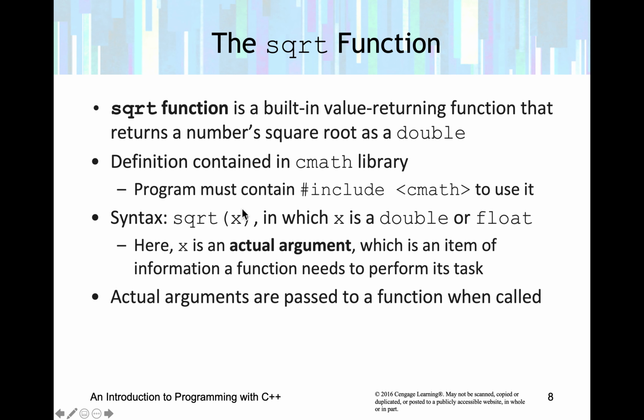All you have to pass it is one number, and that number has to either be a double or float. The actual arguments are passed to the function when called, and then it's going to return back to you the square root of the number.